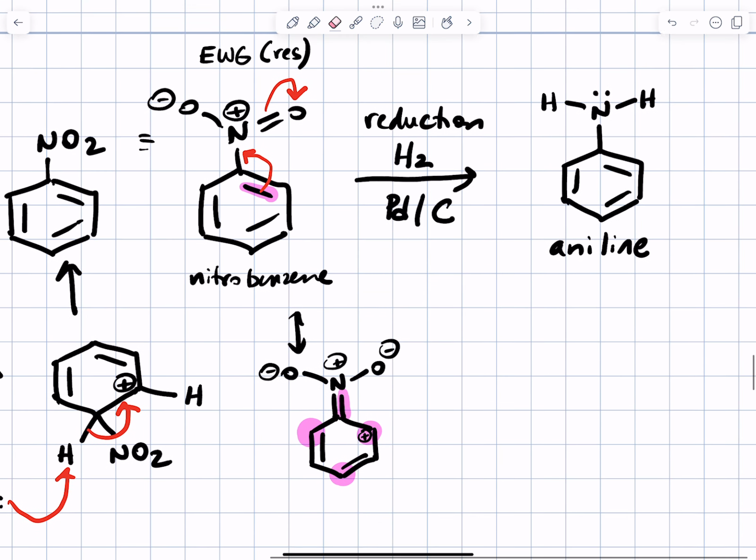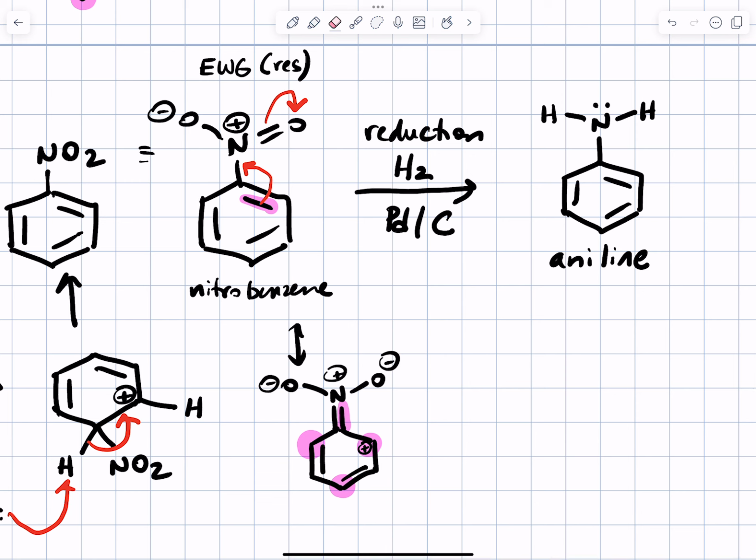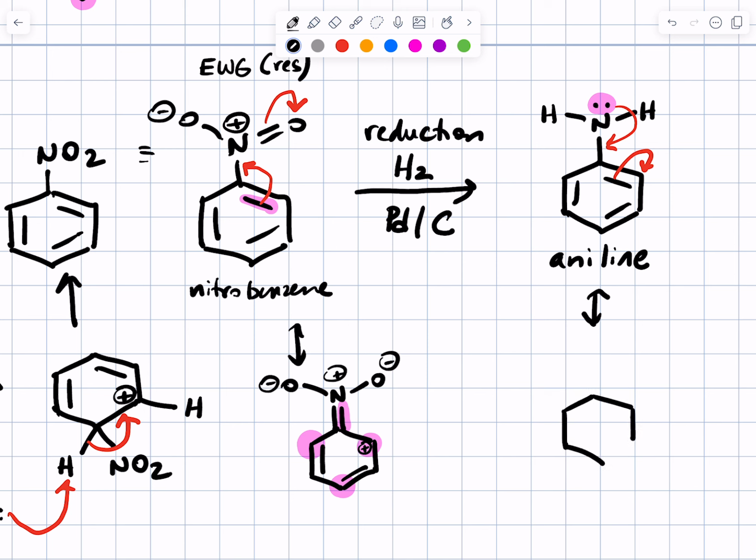But notice how that changes when we get to the aniline by the reduction reaction. Notice that in the aniline, the nitrogen has a lone pair on it. And anytime the atom attached to the benzene ring has a lone pair on it, that is a situation in which you can donate electron density into the ring to generate this resonance structure.